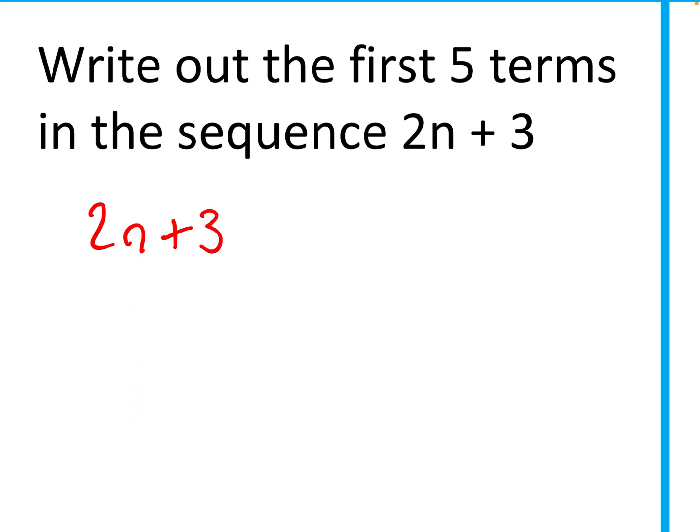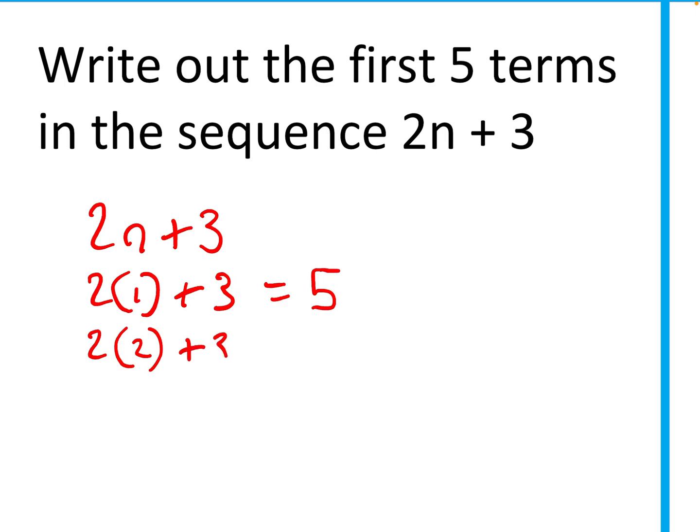So I'm going to have 2 brackets 1 plus 3 and 2 multiplied by 1. Well, that would be 2 plus 3, 5. The second term would be 2 brackets 2 plus 3. Well, 2 times 2 is 4, plus 3, 7.